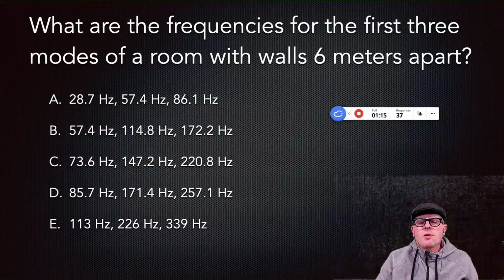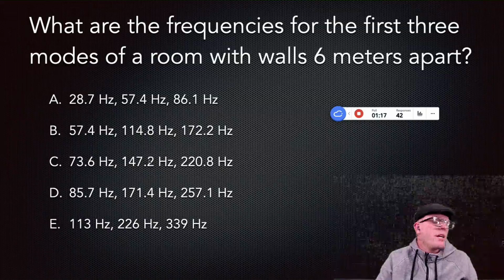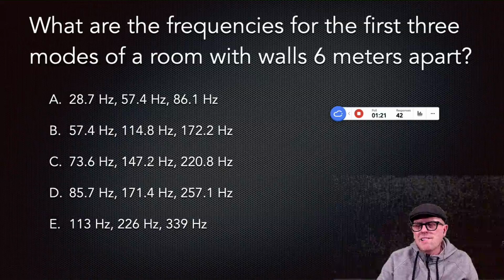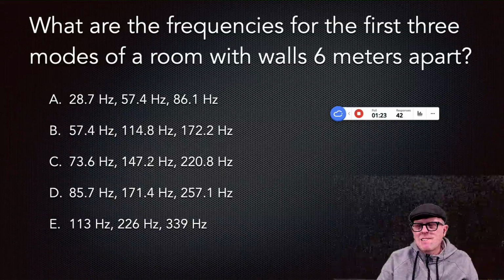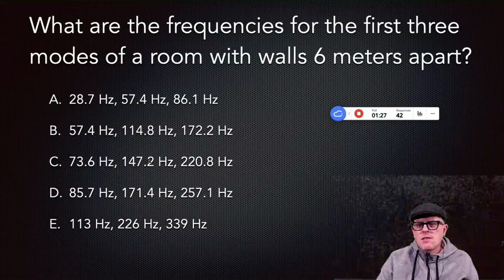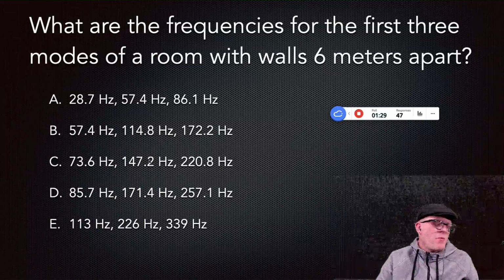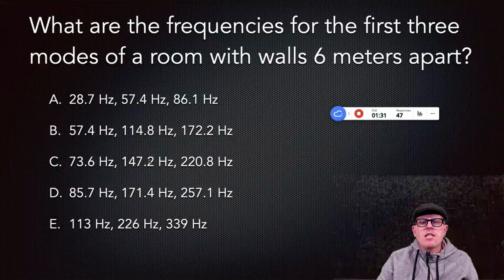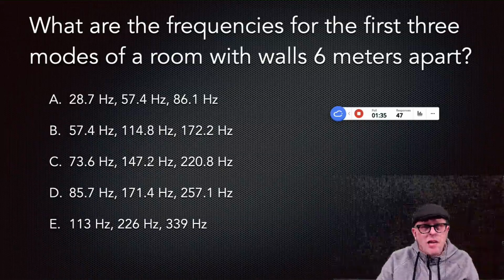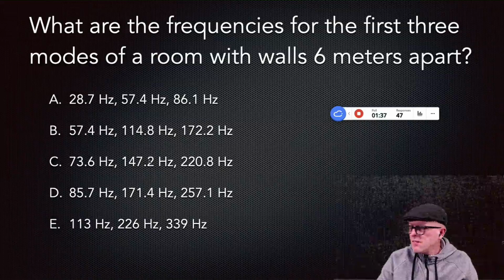Let's try to get this one a little bit quicker. Let's see if we can get this within 2 minutes. And even worst case scenario, always guess. You get points for guessing. You get more points if you get it right, but you get points for guessing.